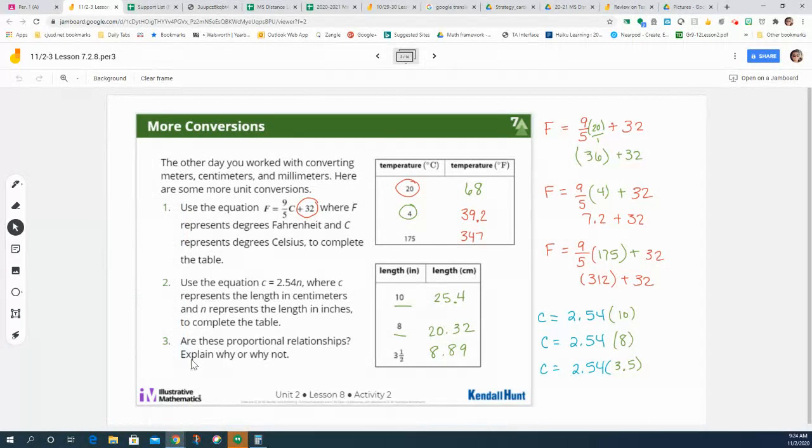And it says, are these proportional relationships? Why or why not? So number 1 is not, because we have to add 32 degrees. It doesn't work every time after we multiply.